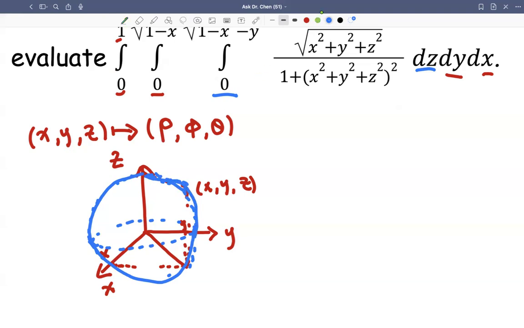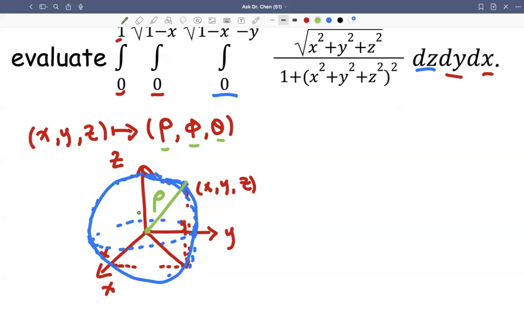The coordinates would be rho, phi, theta. Rho is from the origin to the point, the length of this. You can think of it as a 3-dimensional radius. So rho measures from the center of the ball to the point on the surface of the ball. That's what rho does.